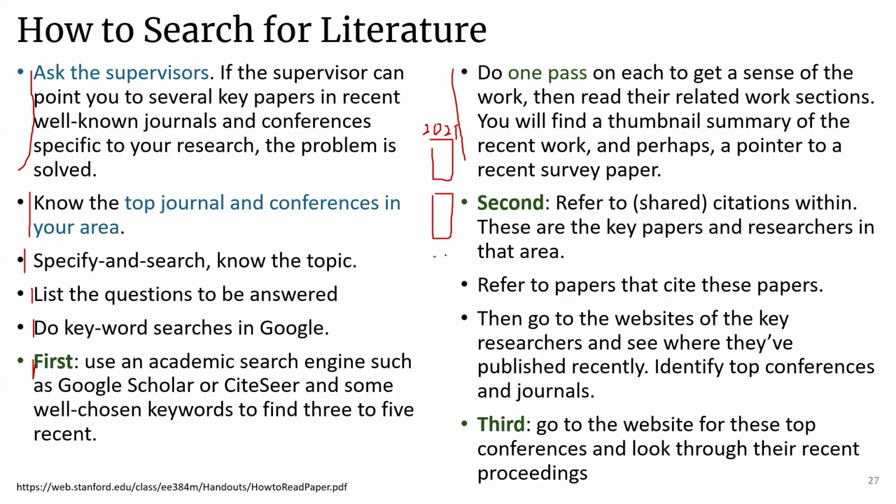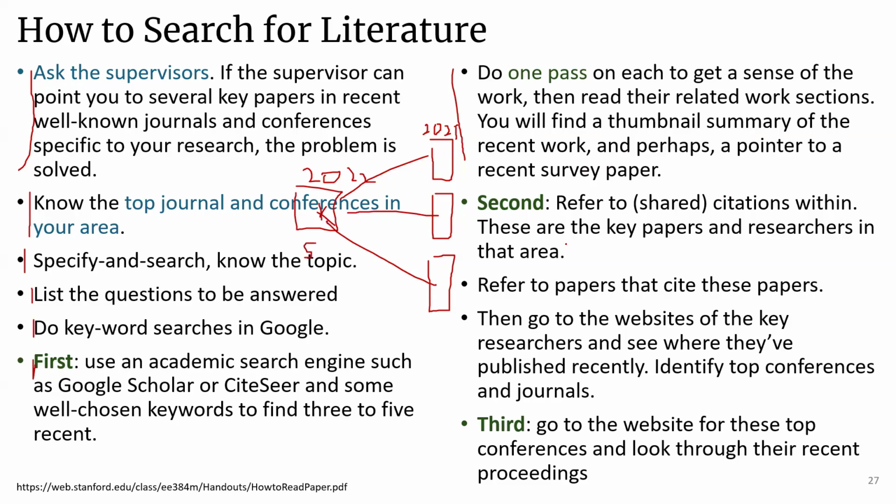And you notice that all these three papers refer to one paper that has been published in 2022, for example. Then you will realize that this paper must be important because all these three papers refer to or cite that paper. So this is the shared citation as I have mentioned here.